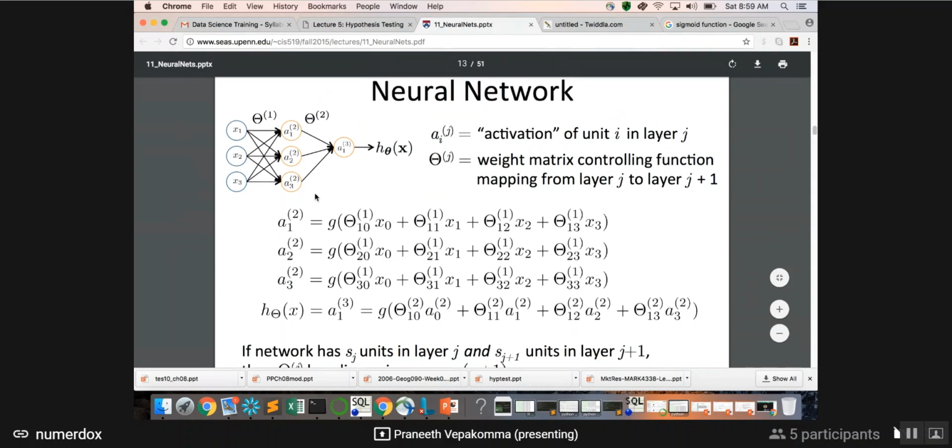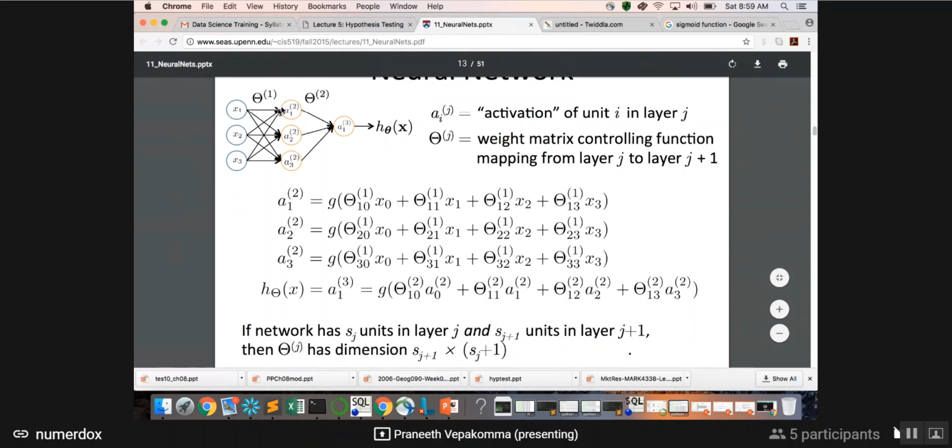A little terminology: the x's are the inputs, the a's are the units in your hidden layer. This is your output layer. h is whatever you get at the output layer, where you're applying the activation function.